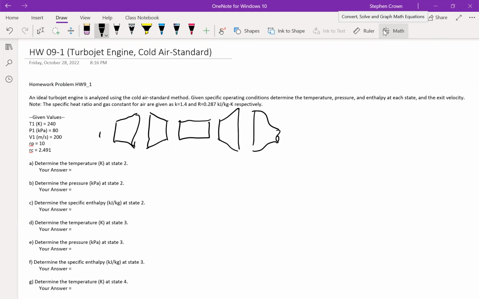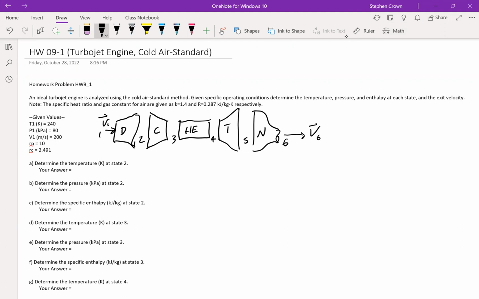And I'll label these states 1, 2, 3, 4, 5, and 6. So this comes in at velocity V1, and then throughout the rest of the system slows down to a negligible velocity, and then finally at the end exits at V6. So my diffuser, my nozzle, my turbine, heat exchanger, and compressor.